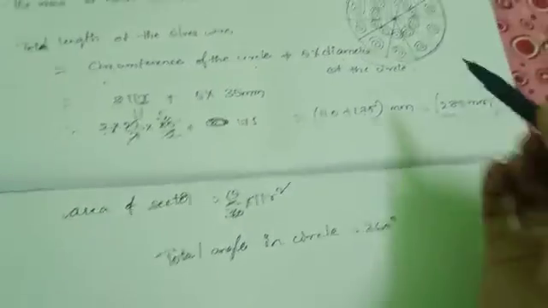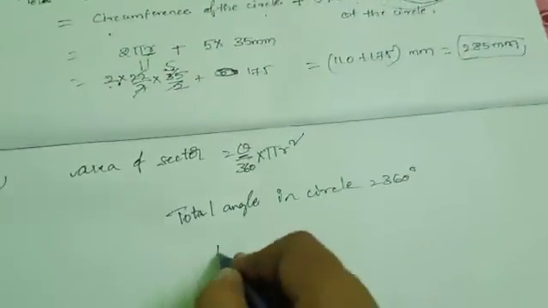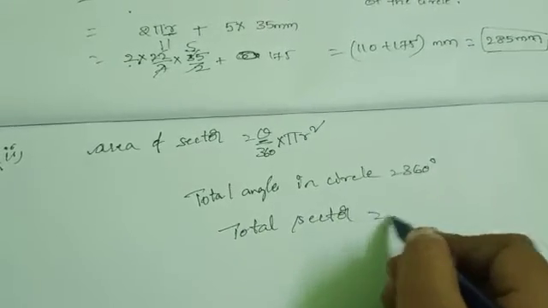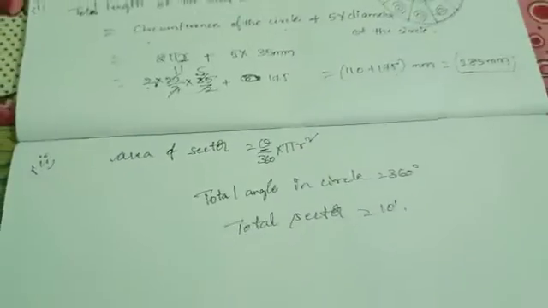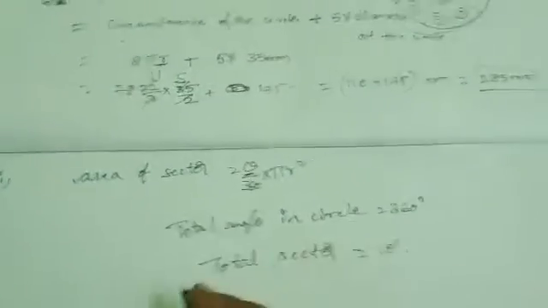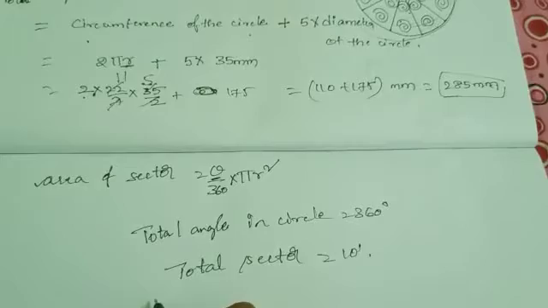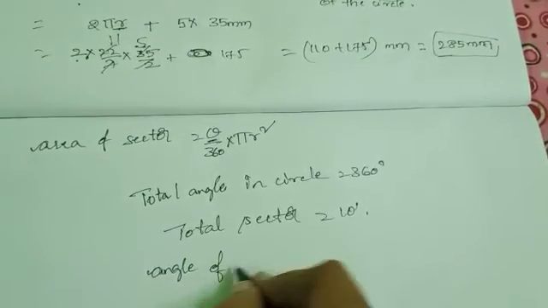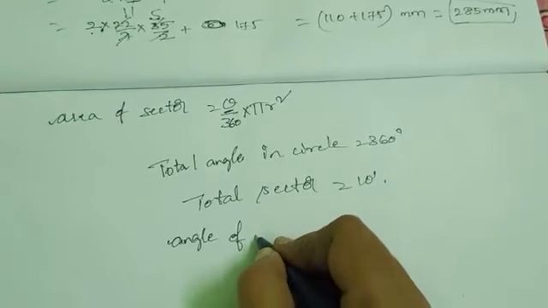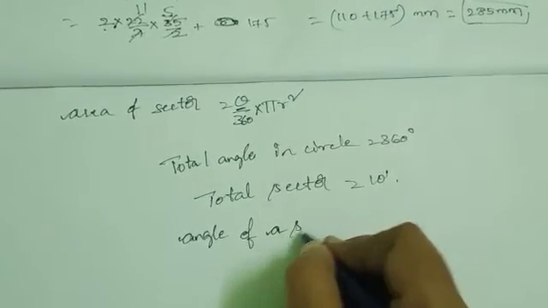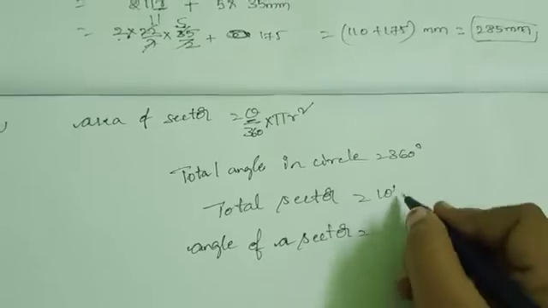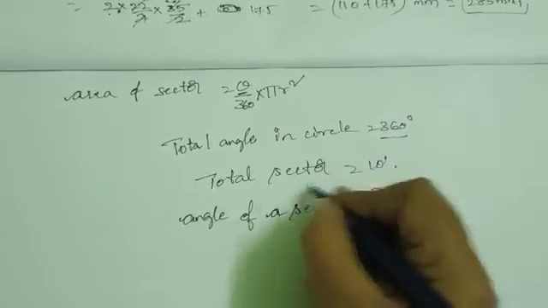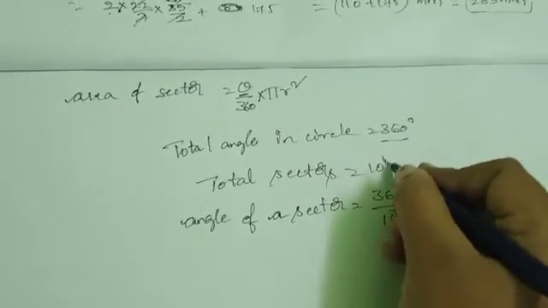And how many sectors? Total sectors are 10. So the angle of one sector equals the total angle in a circle by the total sectors, 10.